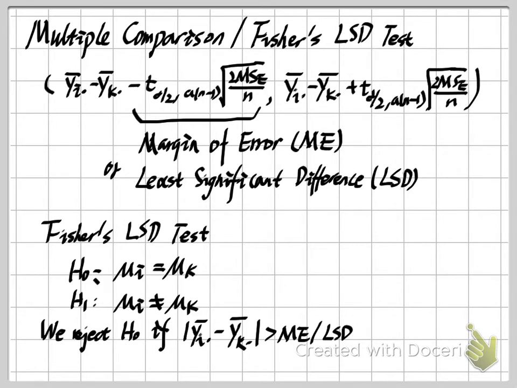Let me make a quick conclusion about this hypothesis test. When we have one experiment with more than two treatments, there are two ways to check the effect of the treatments. The first is we do the F test, the ANOVA, first, which means we check mu1 equal mu2 until mu a.